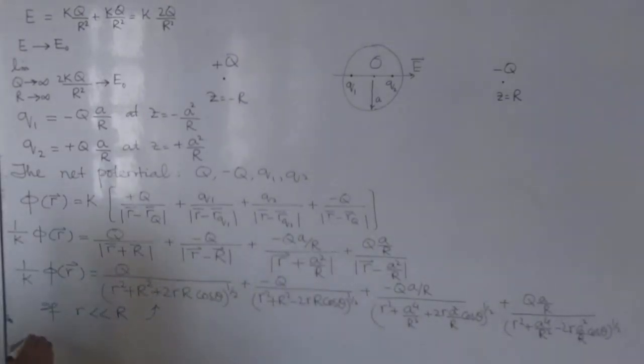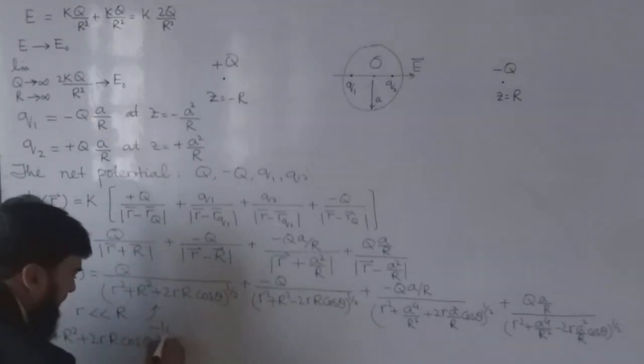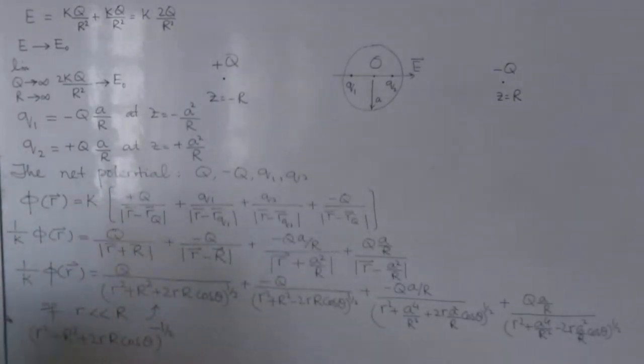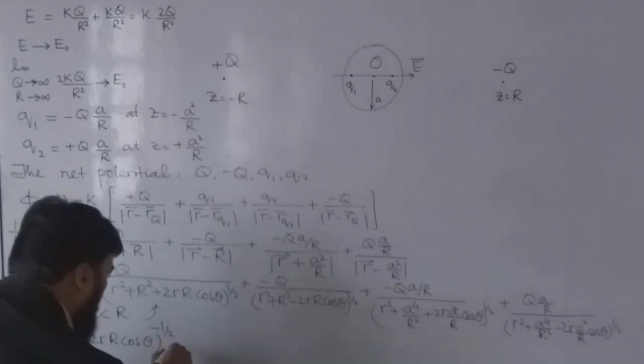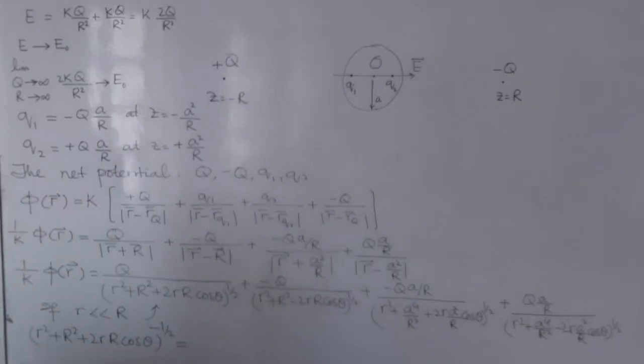So I can write r square plus 2rR cos of theta, and the power will be minus half. Let's take R square common, because I want to have r over R. So what will it be?